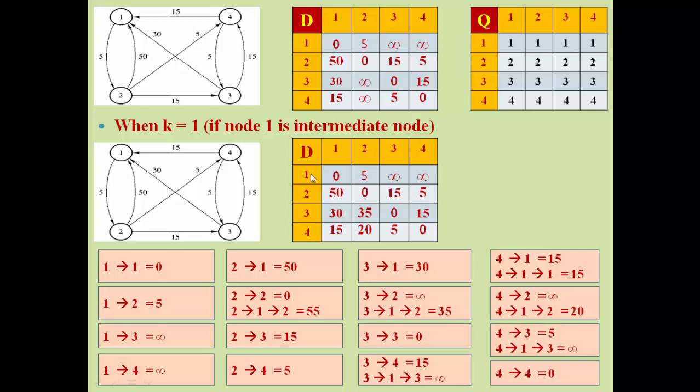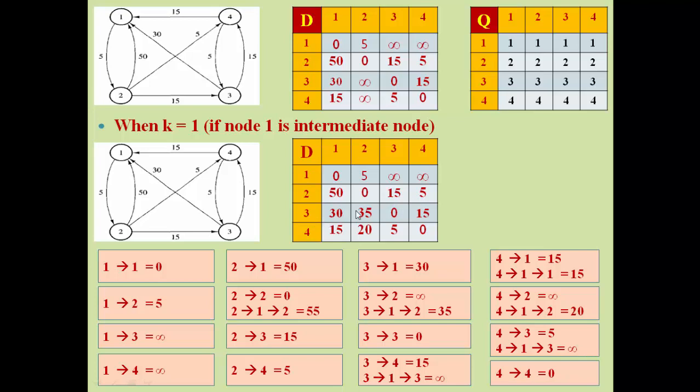For example, in our first row there is no difference. In our first row there is 0, 5, sentinel. When we consider 1 as an intermediate node, again the first row has no change: 0, 5, sentinel symbol. In our second row 50, 0, 15 and 5, here again 50, 0, 15 and 5, there is no change.